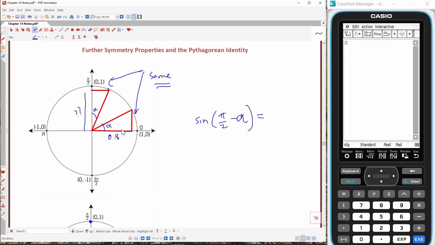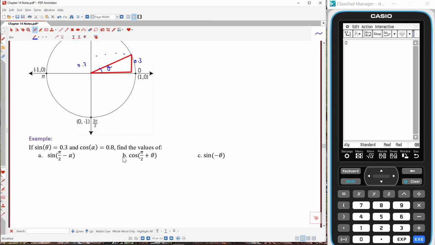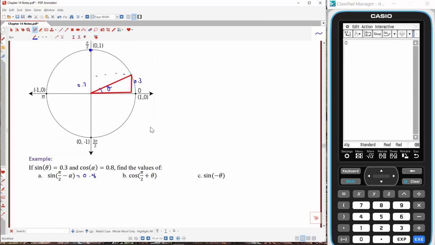And if you notice that this triangle and this triangle are exactly the same, then this triangle moved into this place here would mean that that distance there actually has to be 0.8, which is exactly the same as that. And we double check that the sign there is going to be positive. Yes, it is. So the answer to this first question is simply 0.8.